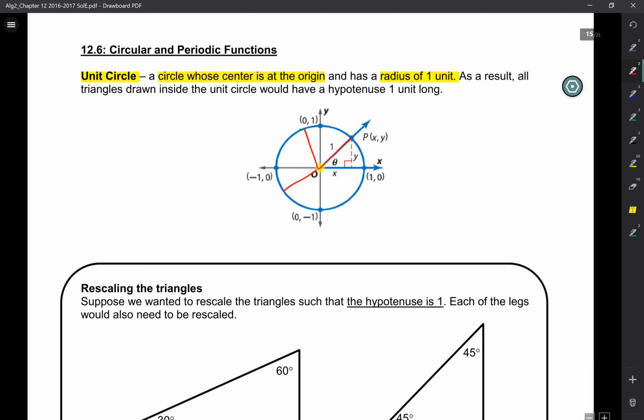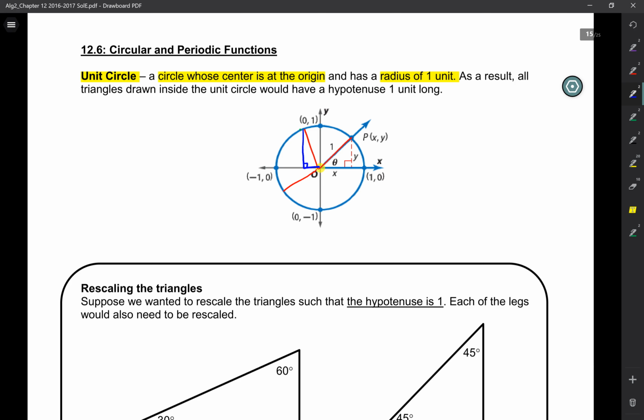So what does that mean? That means if I were to inscribe a triangle in here, a right triangle, what part of the right triangle is the radius? It's the hypotenuse of the triangle, right? The radius is the hypotenuse.